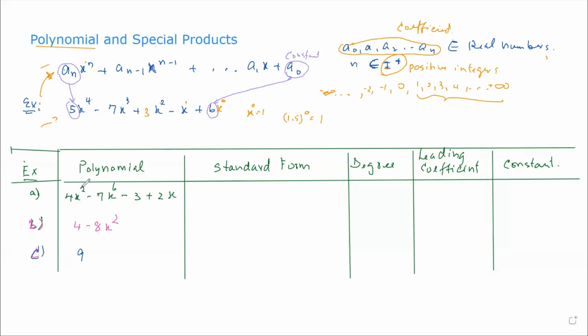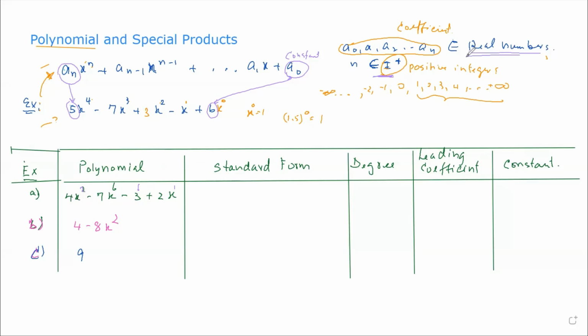Because you see the index on the top is 2, 6, and this one has x power 0, correct? And this is x power 1. So all these indices, the power n on the top, the exponents, all belong to positive integers. So this is a polynomial, okay? But the coefficient doesn't matter, because the coefficient can be what?